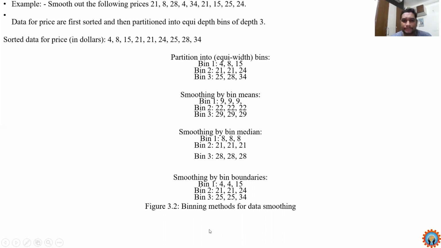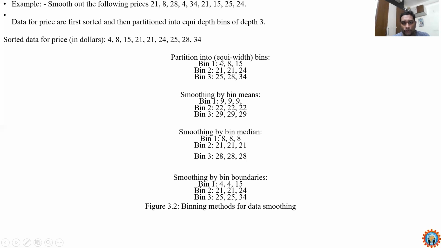Now, after calculating the mean value and the median value, consider the boundaries. You have to compare each value with the boundary values. For example, if you take 4, you take the nearest boundary. The first boundary is 4 and the second boundary is 15. Now for these 3 elements, you find which boundary is nearest.